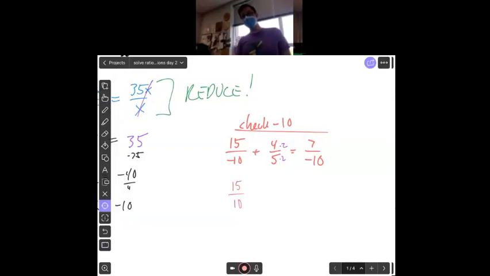The other thing I'm going to do is take advantage of that negative doesn't belong to the 10. The negative belongs to the fraction. So I'm going to shift that negative to the top of the fraction rather than have it on the bottom. So negative 15 divided by 10 is the same thing as 15 divided by negative 10. It's the same value.